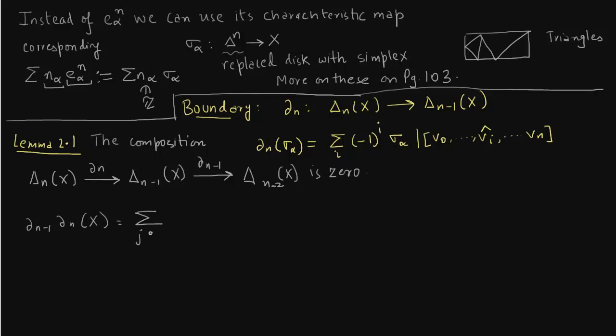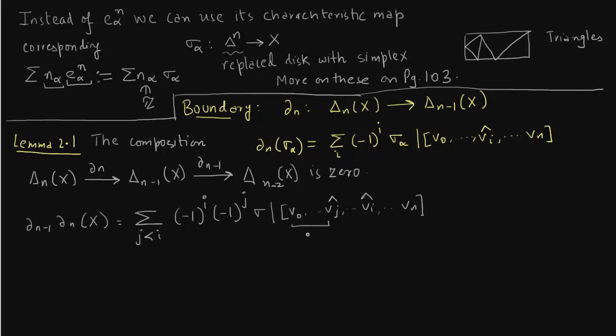Now the proof is really easy. First take j less than i. First you remove vertex i, and then you remove j. When you apply the boundary on Delta n, you remove i, then you apply it on Delta n minus 1 and you remove vertex j.